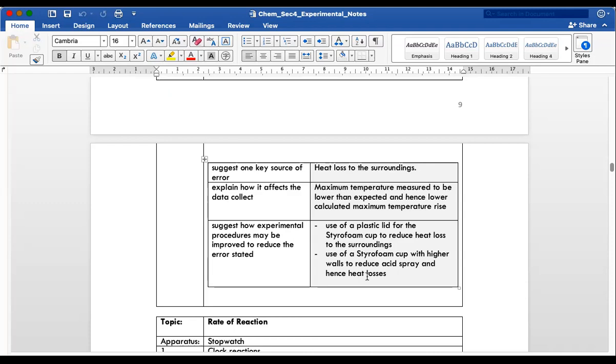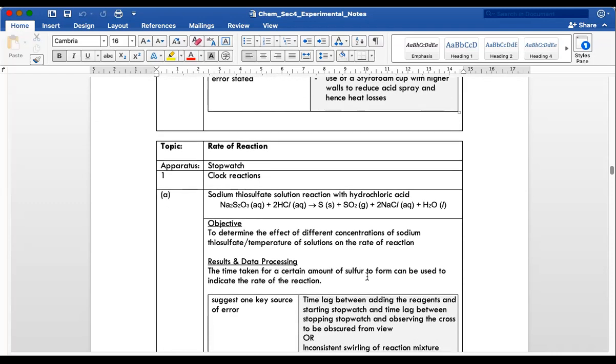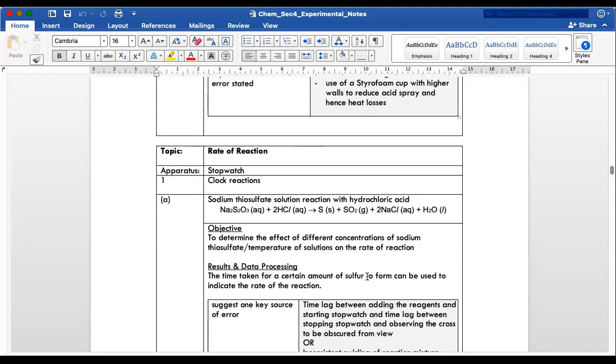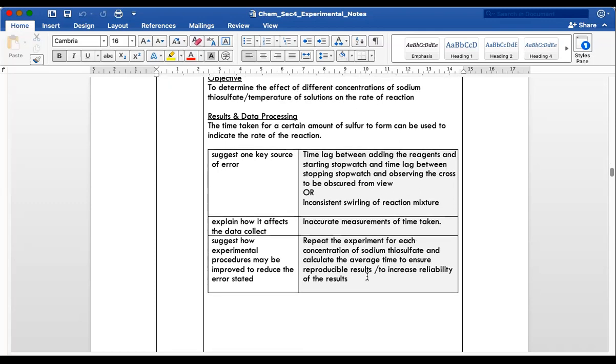Okay, rate of reaction always involves the use of a stopwatch. So I told them if you use a stopwatch in the experiment, then the common source of error will be the time lag. It's wrong to just say human reaction error because it's not specific. So they need to say how it is a human reaction error. Instead of saying human reaction error full stop, they should elaborate what source of error that is.